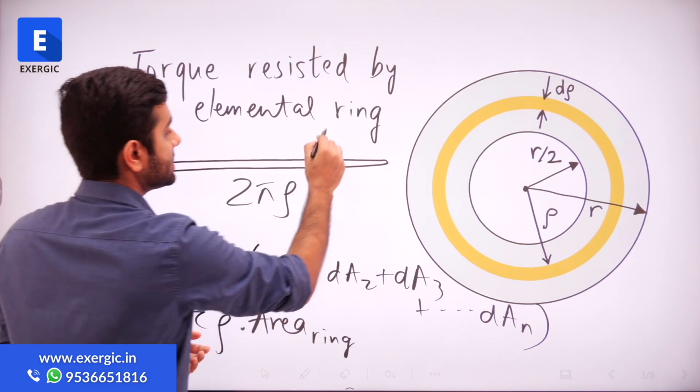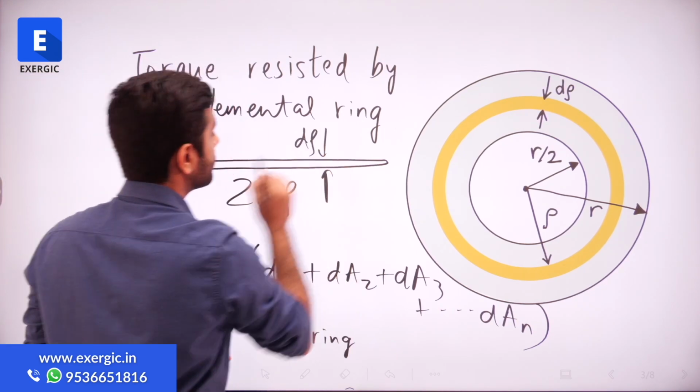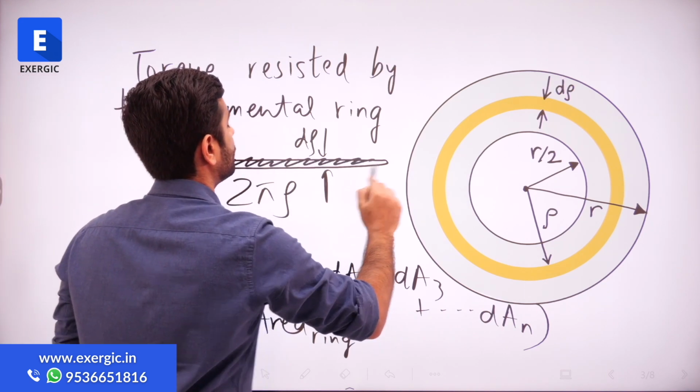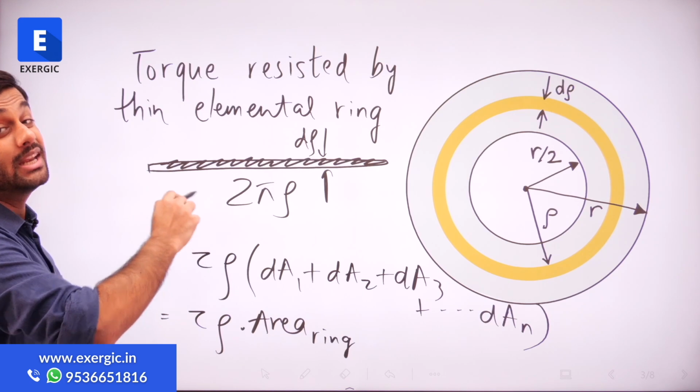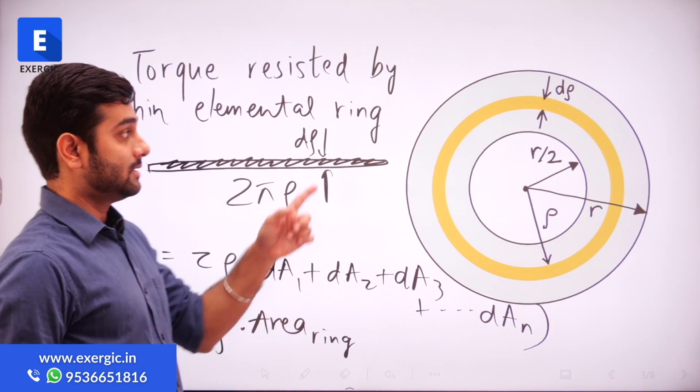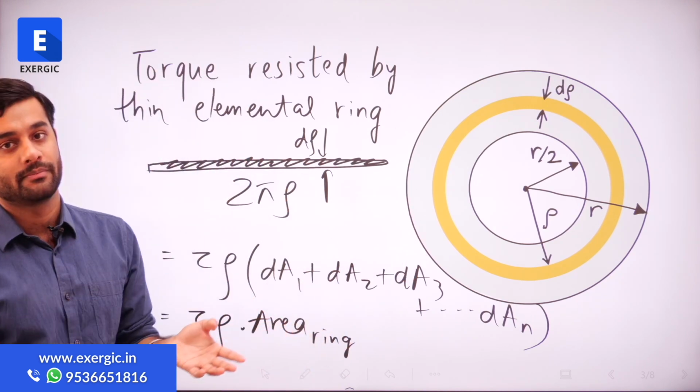And how much is its thickness? Thickness is d rho. So the area is the multiplication of both of them: 2 pi rho multiplied by d rho gives us the area of the thin ring. Please note that this is not true only for this derivation.